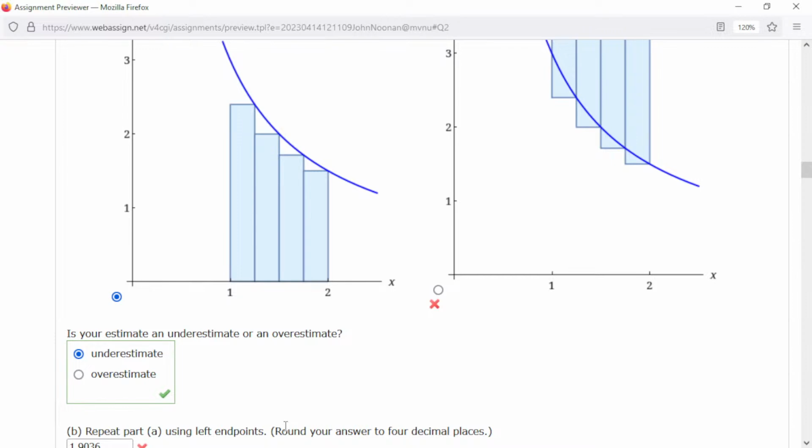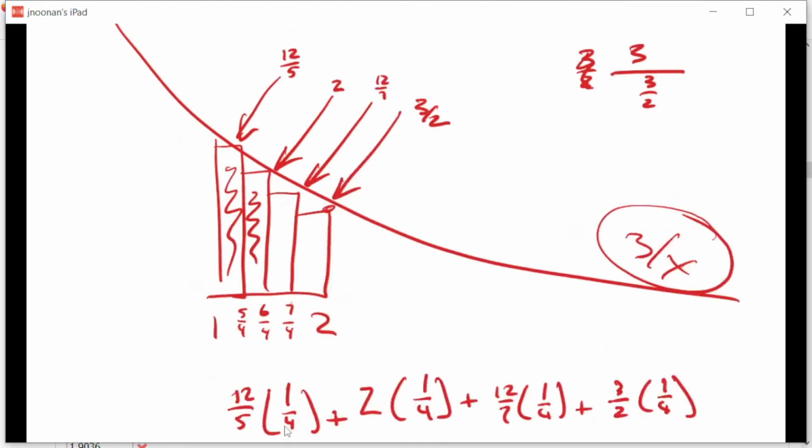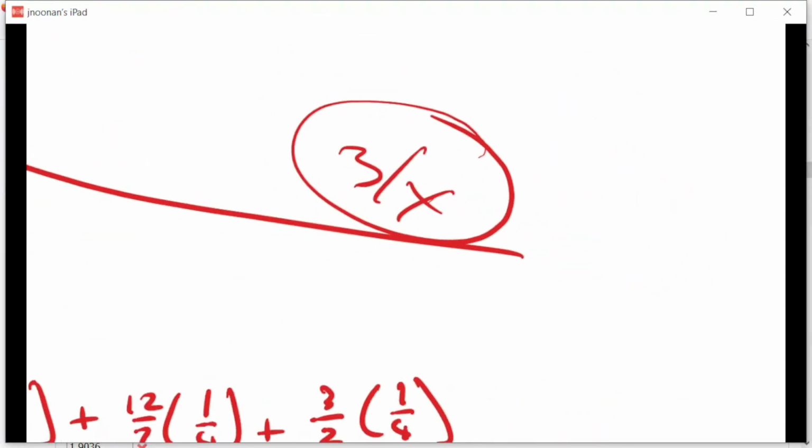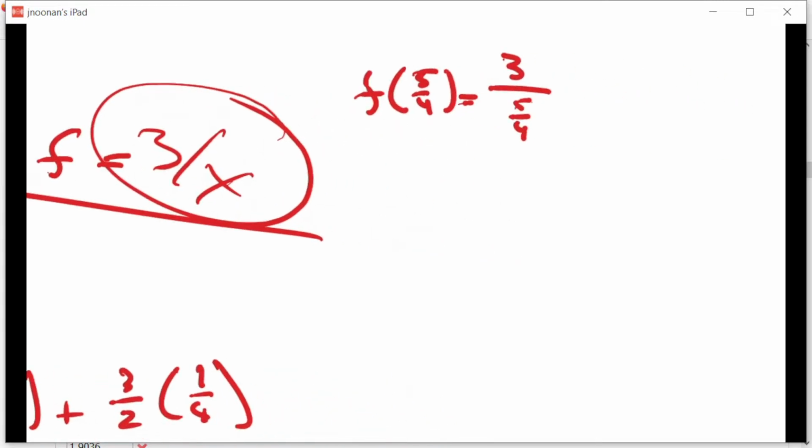That's right there. So what I did was plug 5/4 into this function. f of 5/4 is equal to 3 over 5/4, which is the same as 12/5. So that's where I got the height.